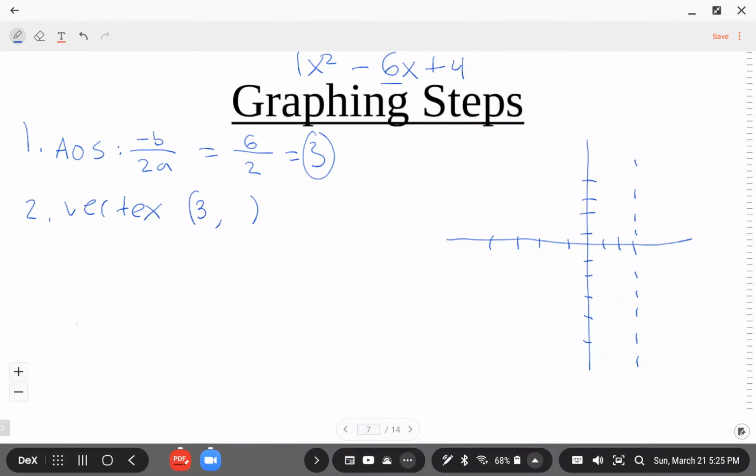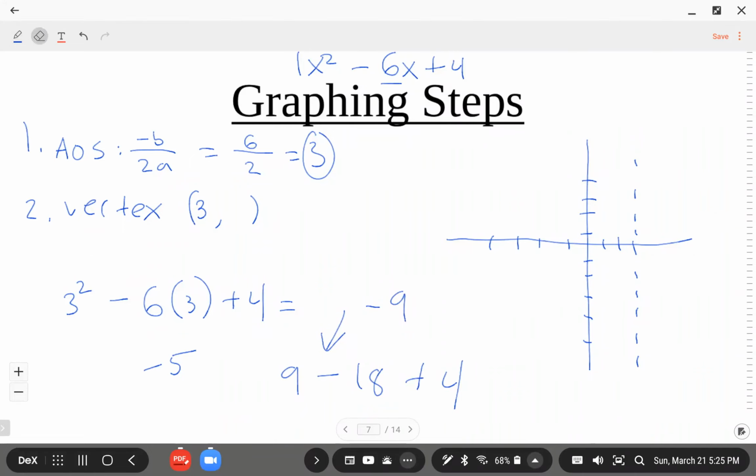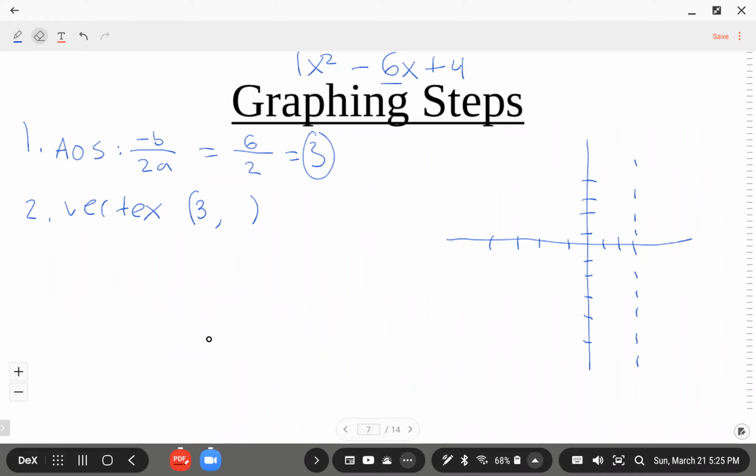So it's x squared minus 6x plus 4, which is 3 squared minus 6 times 3 plus 4 equals negative 5, because 9 minus 18 plus 4 is negative 9 plus 4, negative 5. So our vertex is going to be (3, negative 5).